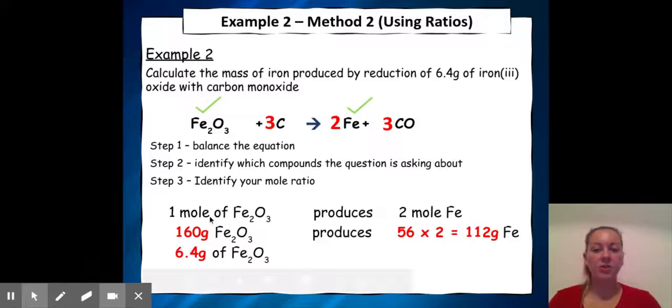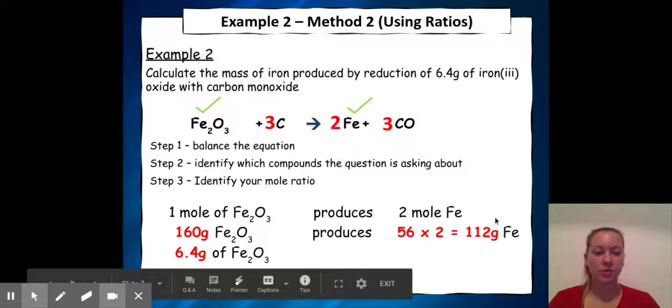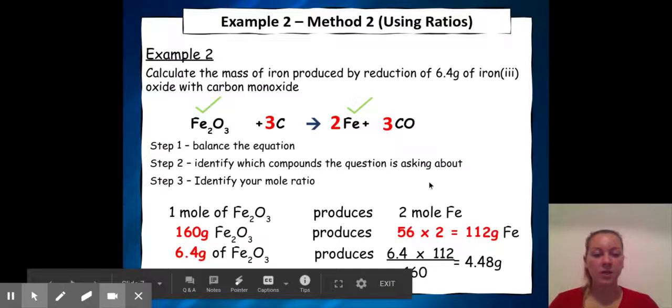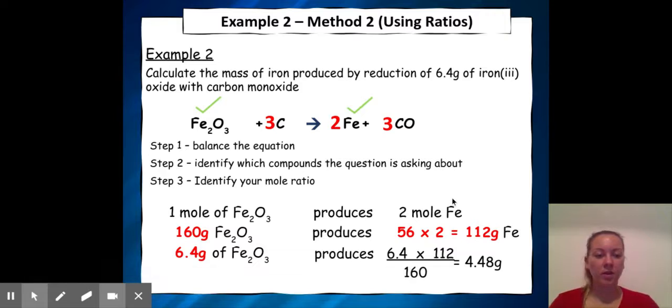So if 160 produces 112, 6.4 is going to produce 6.4 times 112, so we're multiplying the diagonal values and dividing by the corner that we have left, which is 160. So if we do that calculation, we end up with 4.48 grams.